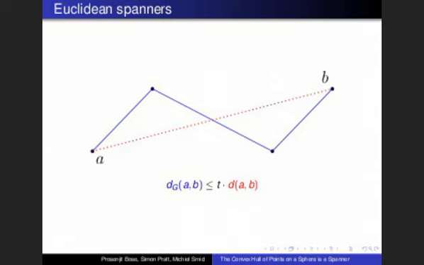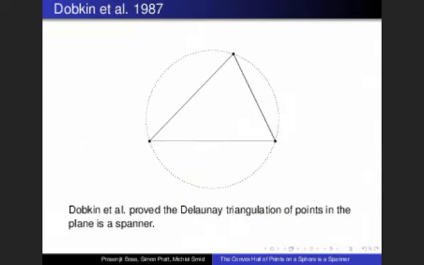And so what you should think about this is the path through the graph, so not going in a straight line between these 2 points, is at most some constant factor, which we call t, times the distance between its endpoints. So we say that such a graph is a Euclidean spanner if we can prove that.